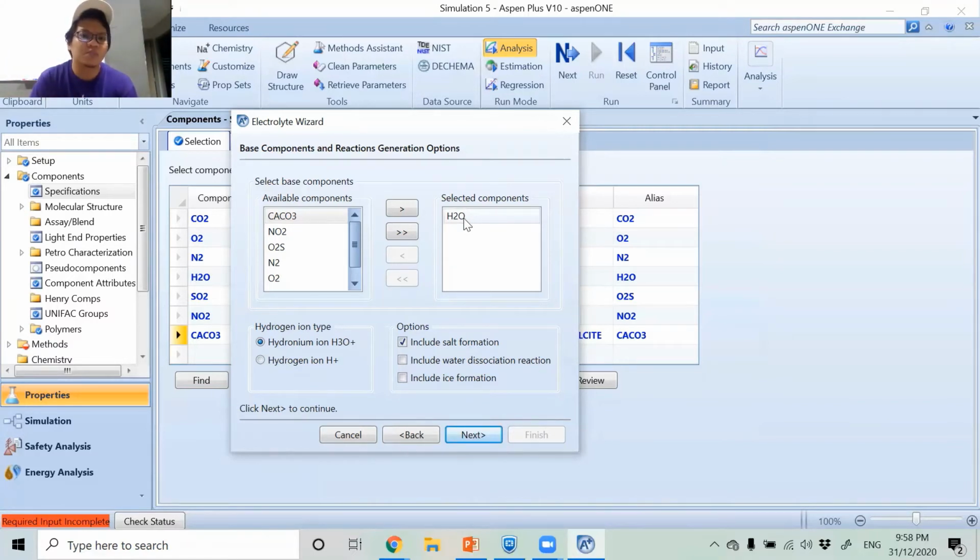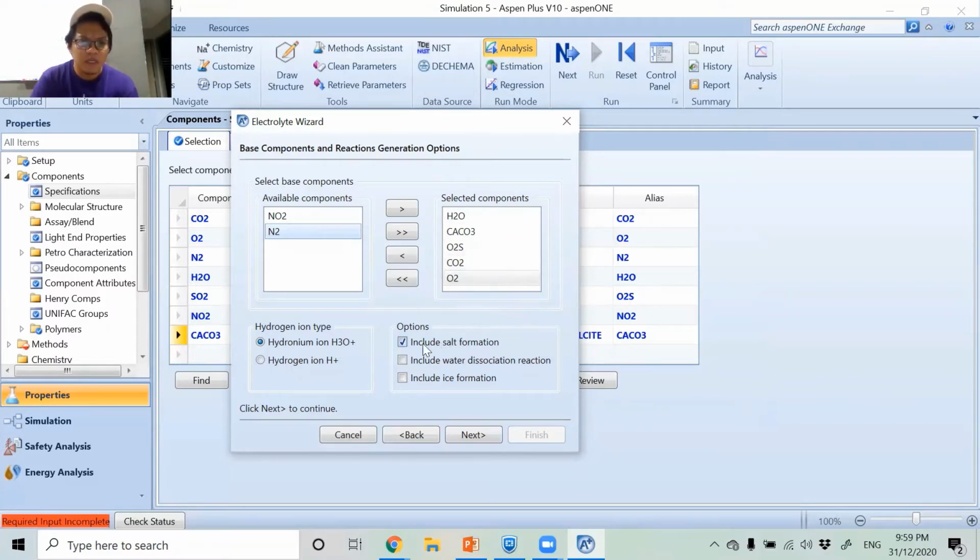Obviously, I have water as my solvent, and then calcium carbonate, sulfur dioxide, and carbon dioxide, and water. The reason I choose oxygen as part of the electrolyte system, I will explain in a later slide.